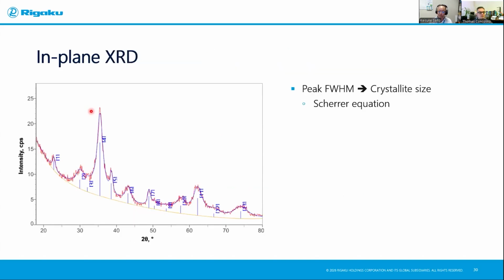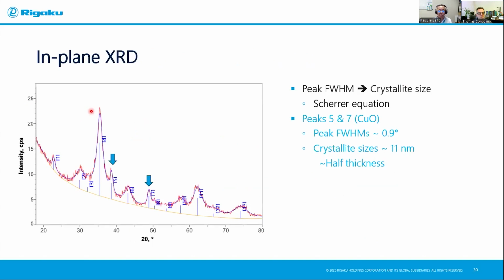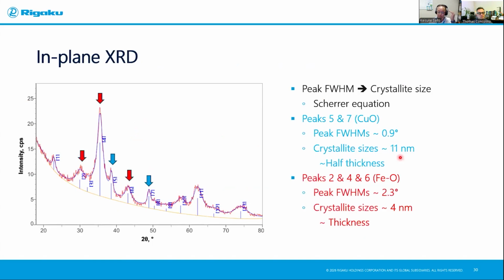How about the peak width? The same Scherrer equation for copper oxide. We found 11 nanometer, which is identical to what we found from the out-of-plane scan. And the iron oxide, 4 nanometer, about the same as the number we found from the theta-2theta out-of-plane scan.